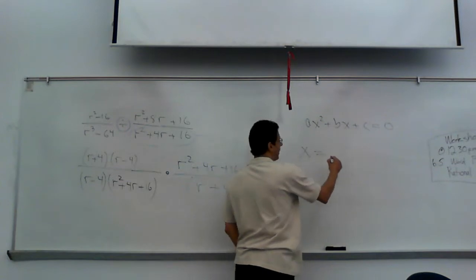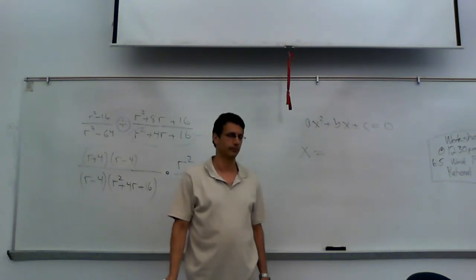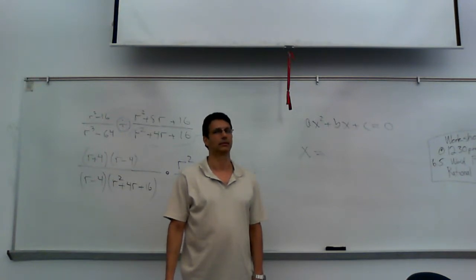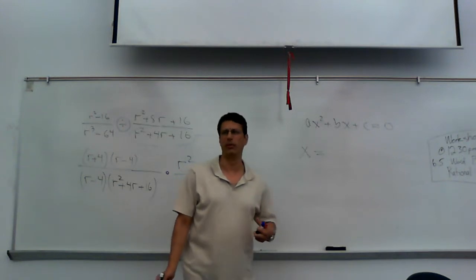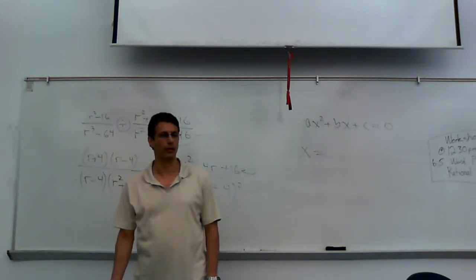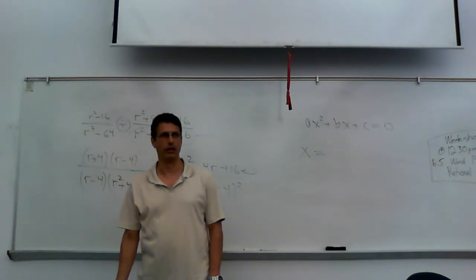Quadratic formula. Give me the X into it. We've learned it before. I have put it up at least 2 times, and it's coming up, but I was hoping that you're interested to remember it. Anybody?